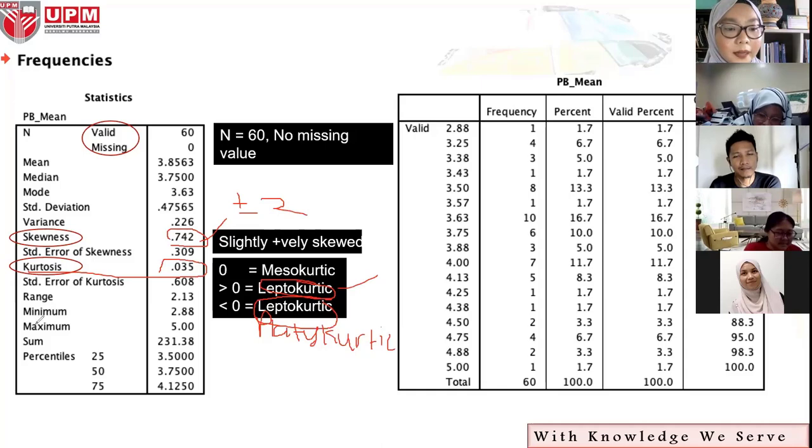And then this is the minimum and maximum score for your data set. The maximum is 5 and the minimum is 2.88.